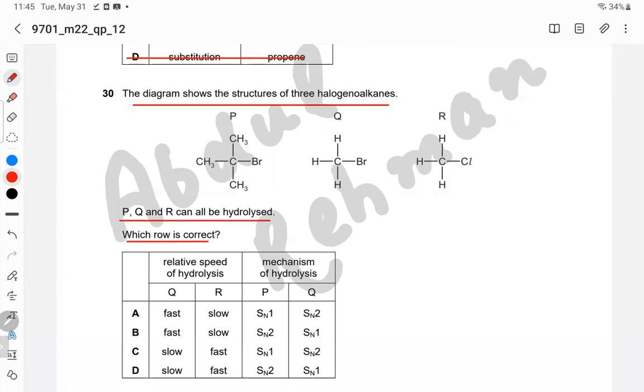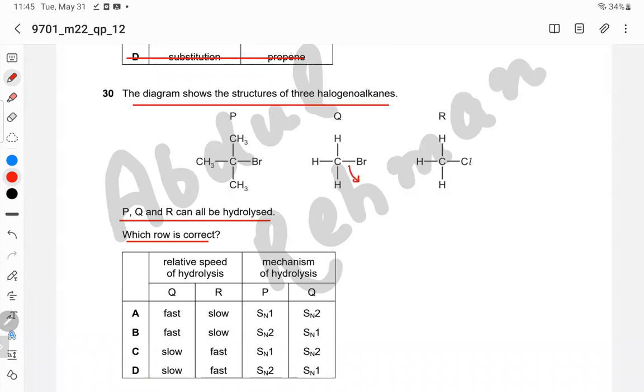Which row is correct? They are talking about the mechanism of P and Q, and the relative rate of Q and R. If you recall, very good, Tisha.